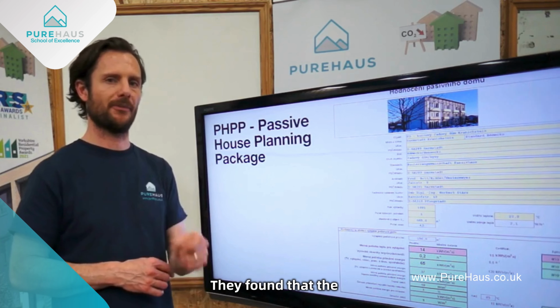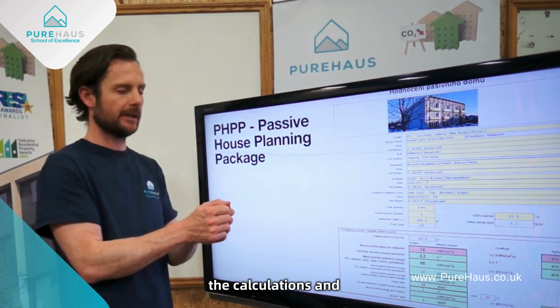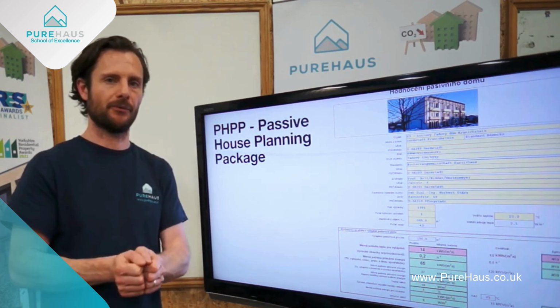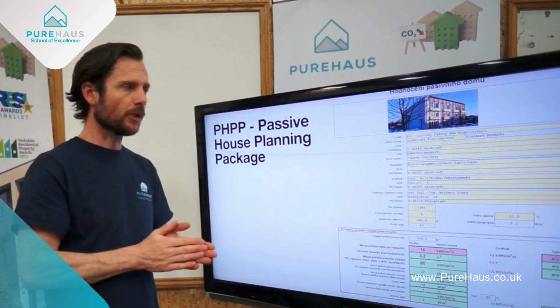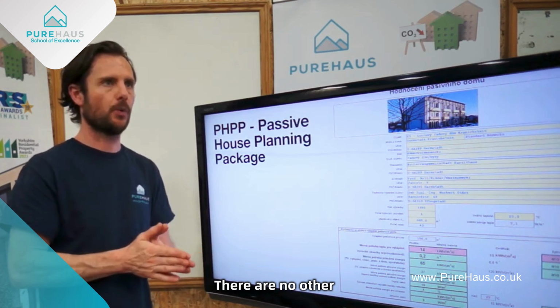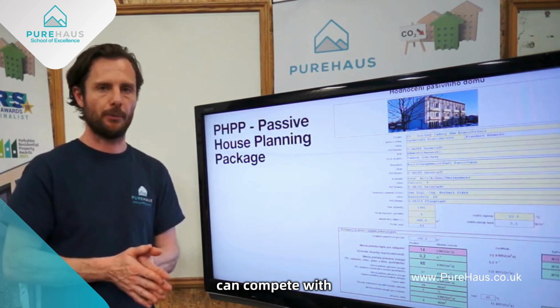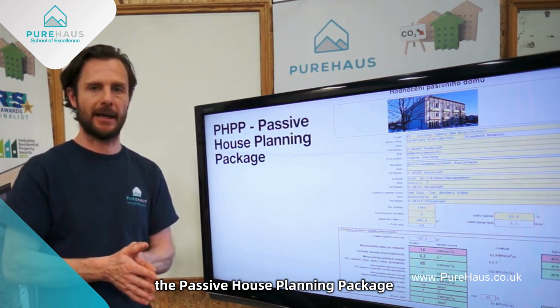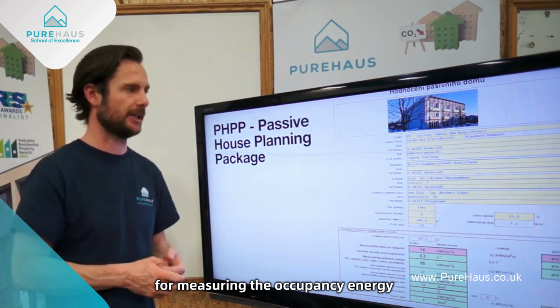They found that the performance gap between the design calculations and how it really performed were extremely close. There are no other packages of software that we're aware of that can compete with the passive house planning package for measuring the occupancy energy of a building.